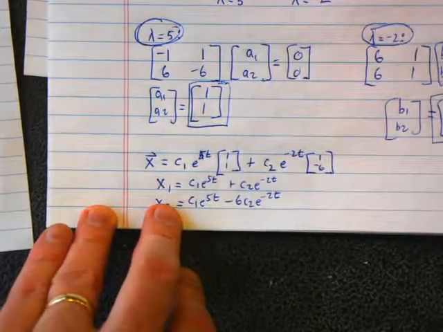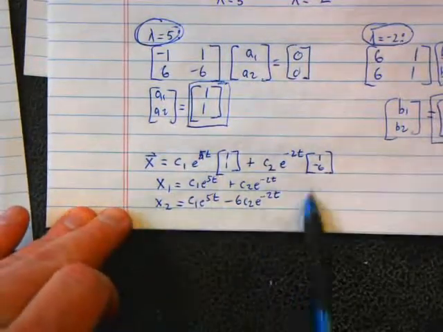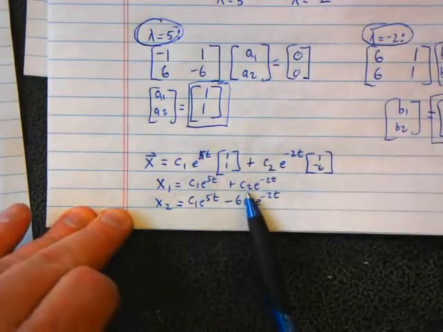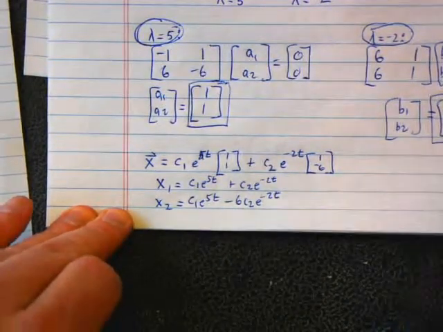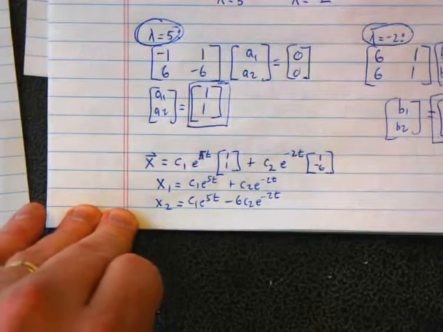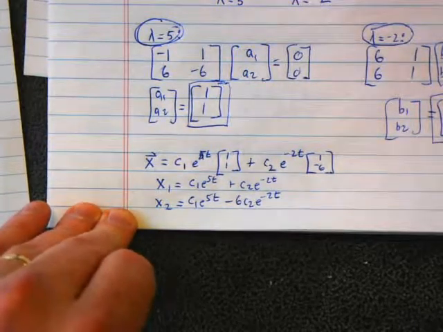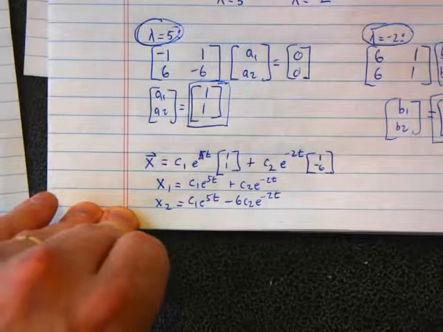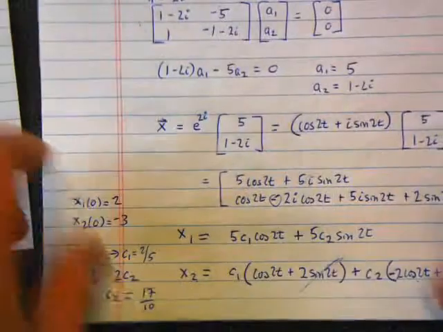You end up with one equation with one variable. Where if I were to give you initial conditions here, you would end up with a c1 plus c2 equals something, and a c1 minus 6c2 equals something. You'd have a real system of equations that you would actually have to solve. And you could use a matrix there, correct. So it's actually easier to have initial conditions when you have complex solutions for your eigenvalues.